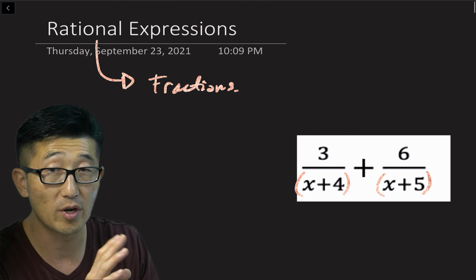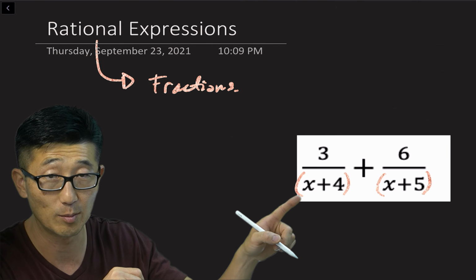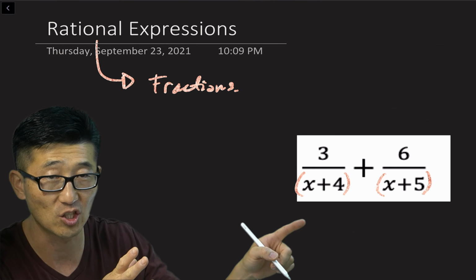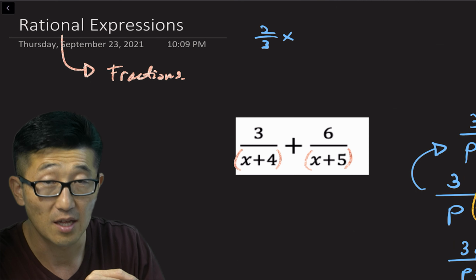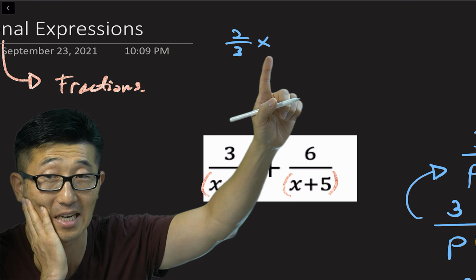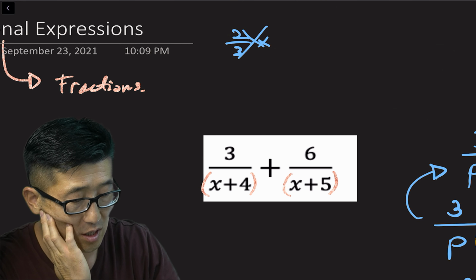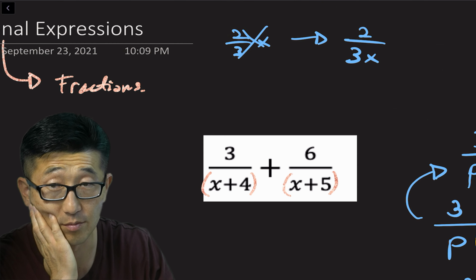But it's not just numerical fractions, it's fractions with variables in the denominator. That's what makes it a rational. For instance, if you see something like 2/3 x, that's not a rational expression because the variable x is not in the denominator. It'll turn into a rational if you put it like this, 2 over 3x, okay?